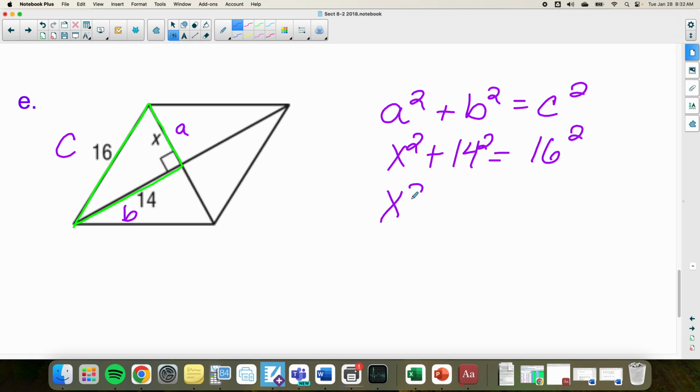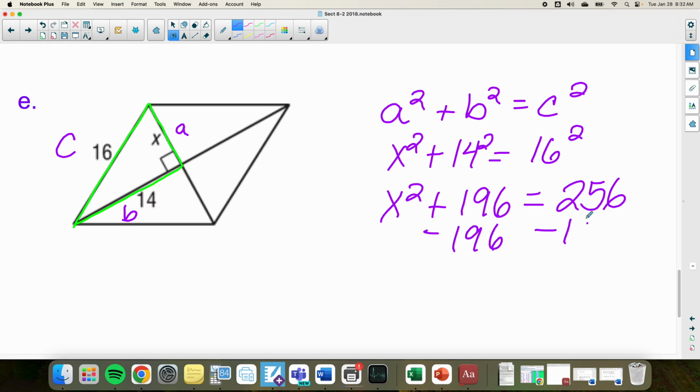Then 14 squared is 196. 16 squared is 256. If I subtract 196, okay, x squared would equal 60.